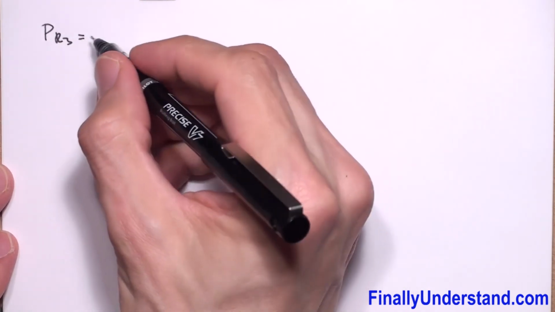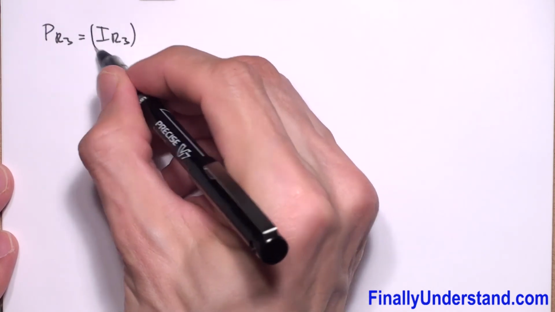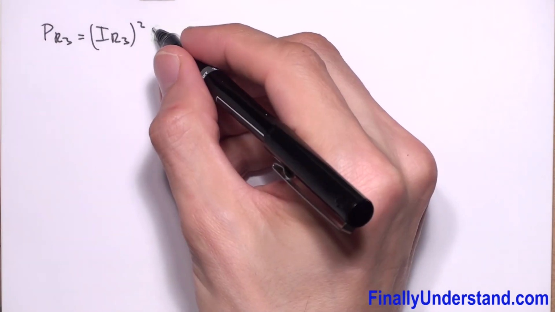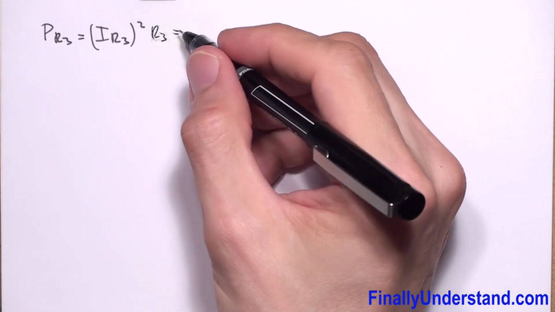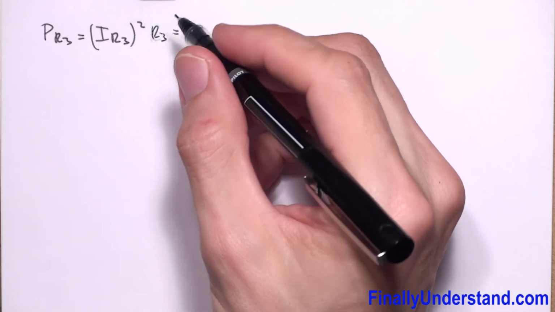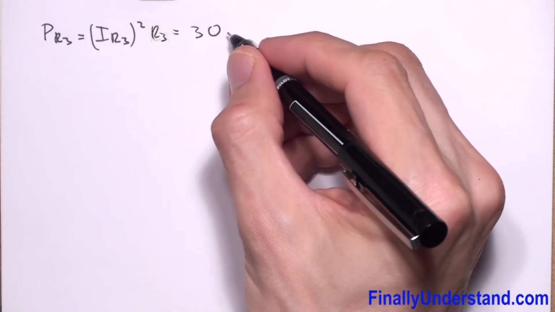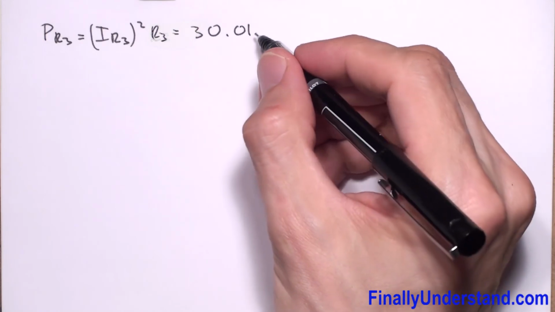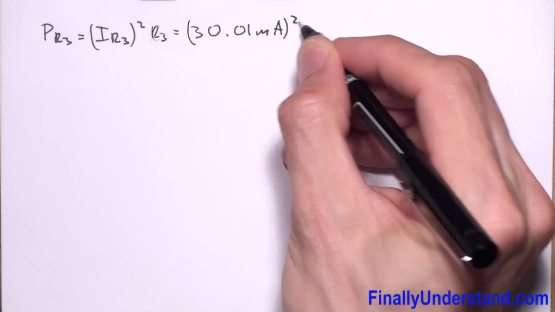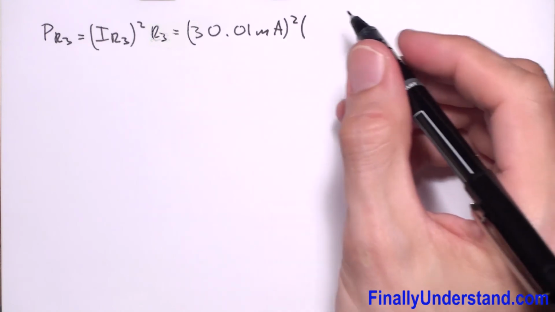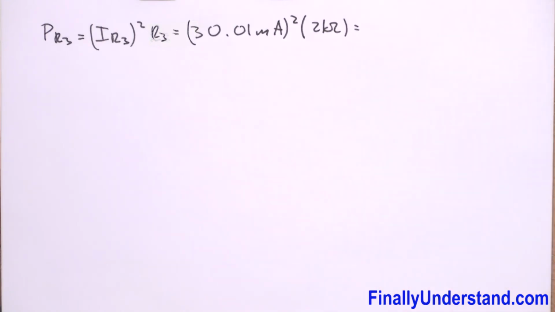PR3 is equal IR3 to the second power times R3. This is equal IR3 we found is equal 30.01 milliamps raised to the second power times R3, which is equal 2 kilohms.